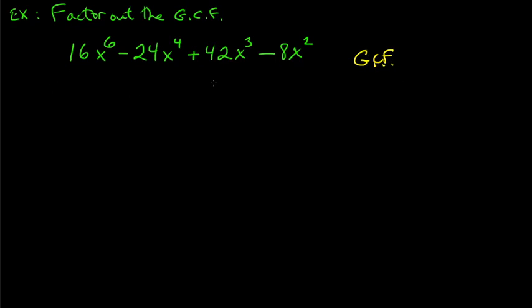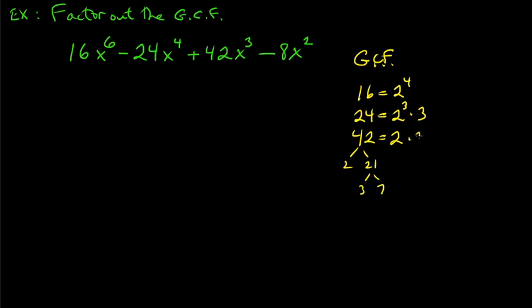So 16, of course, is 2 to the 4. 24 is going to be 2 to the 3 times 3. 42 is going to be, let's see, 2 times 21, and 21 is 3 times 7, so 2 times 3 times 7.